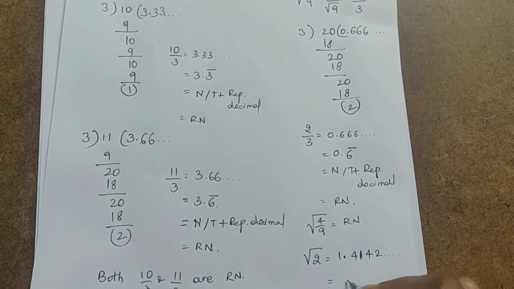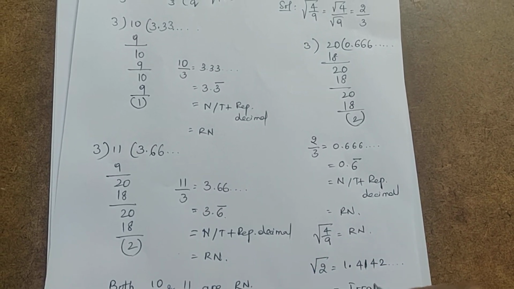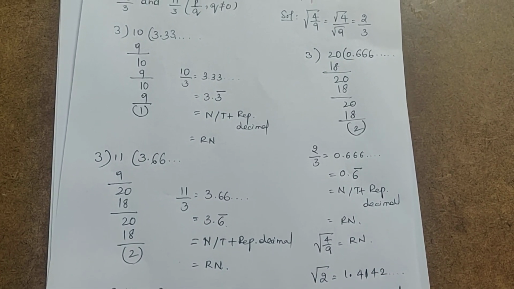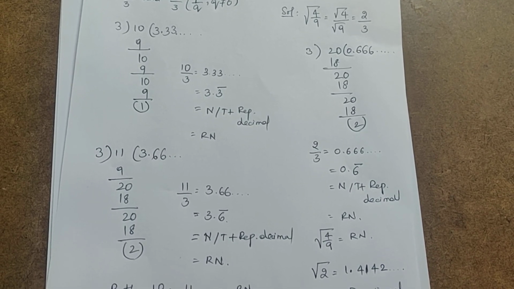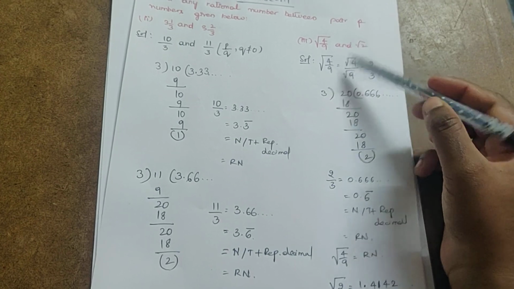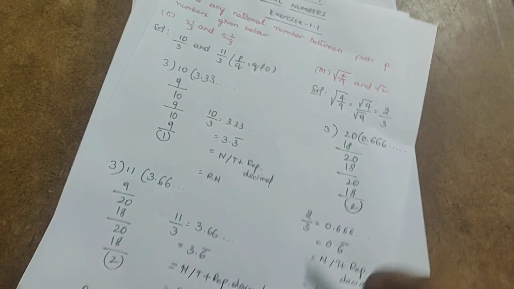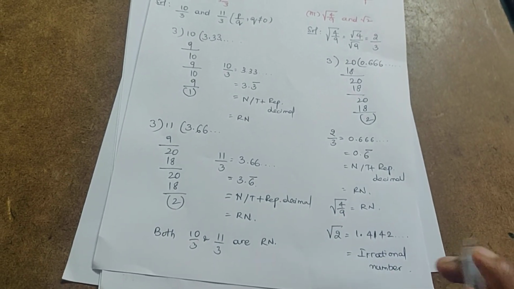So we can conclude that square root of 2 is an irrational number. So in the given sub-question, the first one, square root of 4 by 9, is a rational number and square root of 2 is an irrational number.